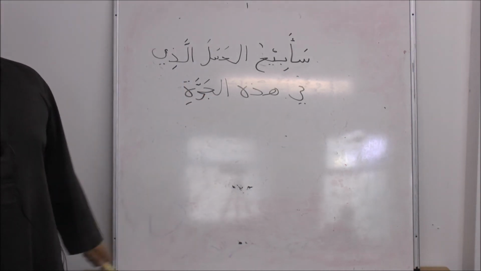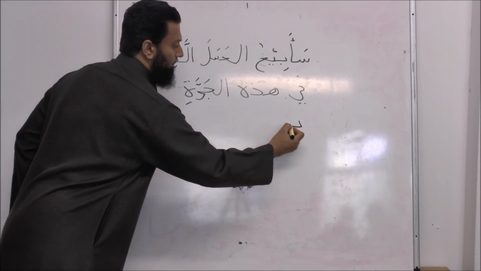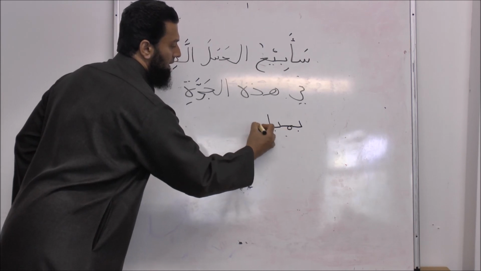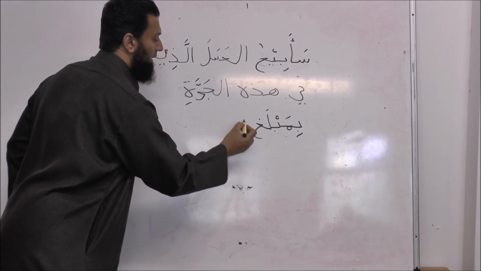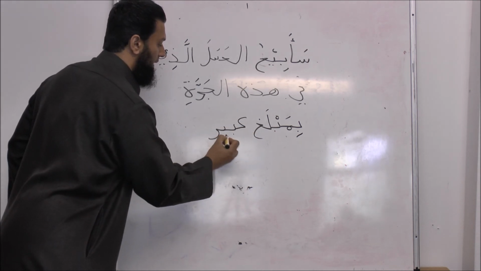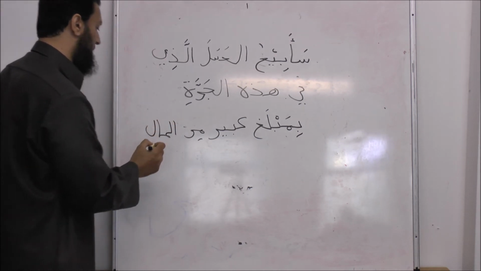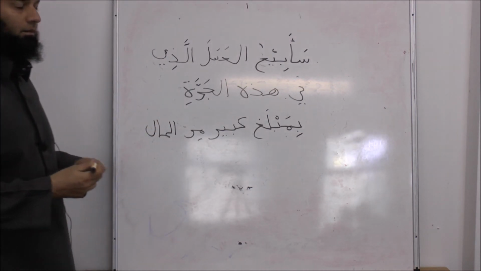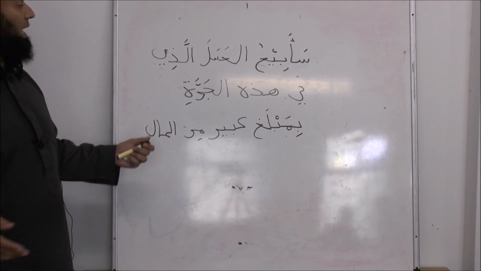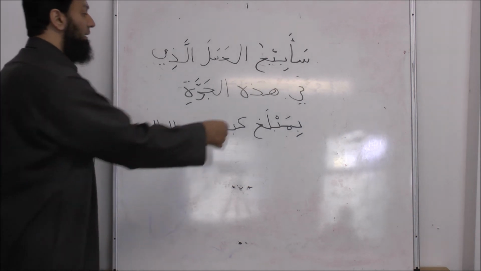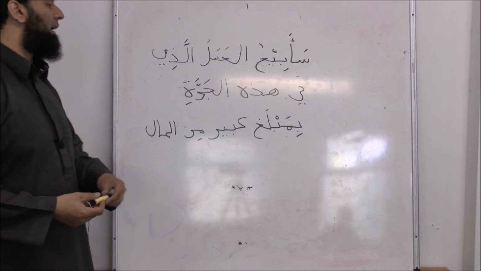In this jar, بمبلغ كبير من المال. Right. So I'm going to sell al-asala, this honey, الذي في هذه الجرة, which is in this jar, بمبلغ.